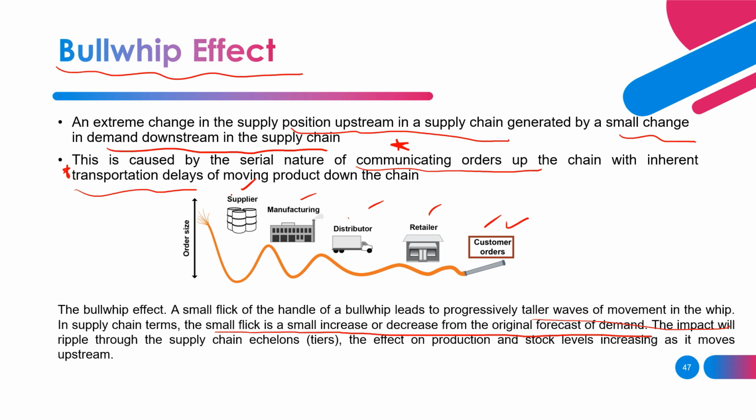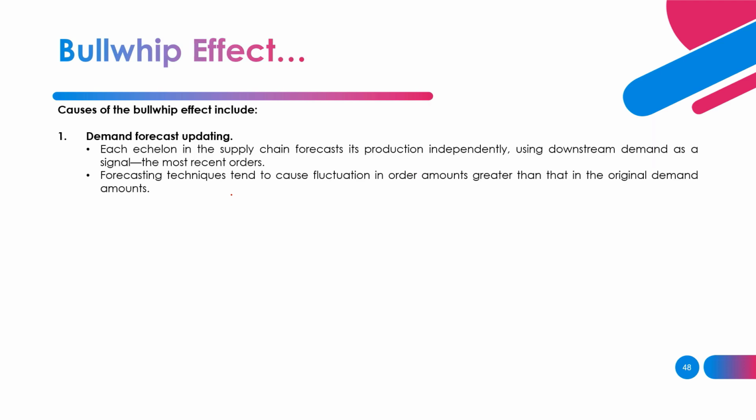So now let's talk about the causes behind it, where the bullwhip effect occurs in a supply chain. The first major cause is demand forecast updating, because every echelon or tier of the supply chain forecasts the demand by itself and produces the quantity based on its own forecasted demand. They are not connecting with the downstream.